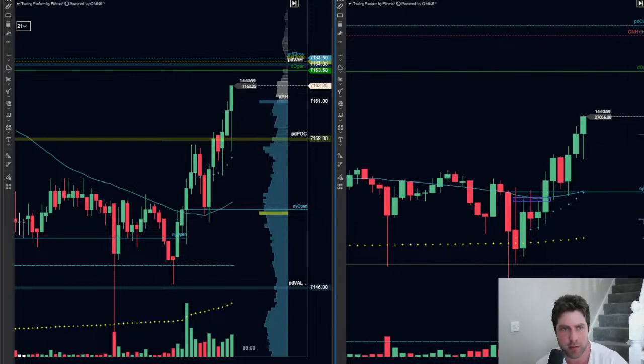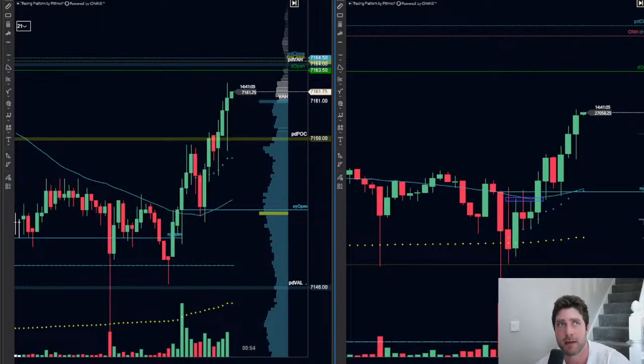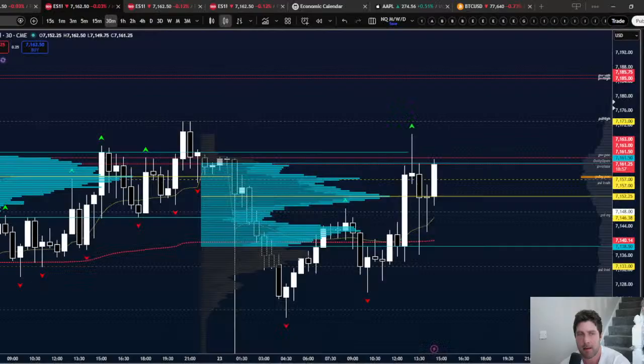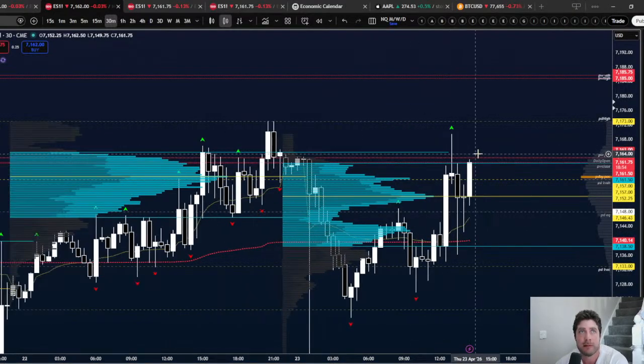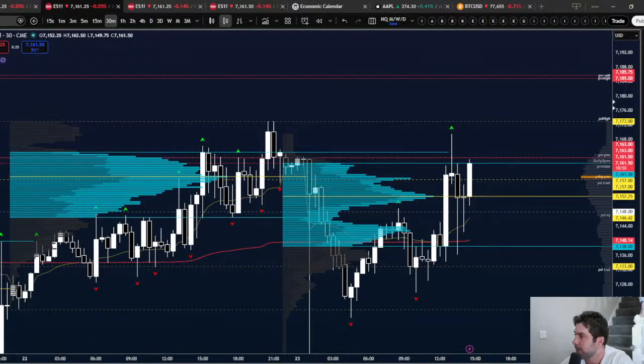So price is bullish. It's trying to break out. I typically don't take breakout trades. Although it's looking good to the upside.